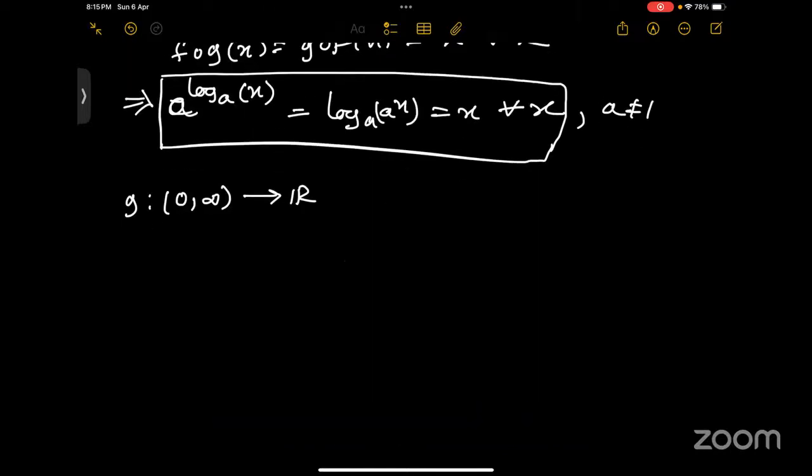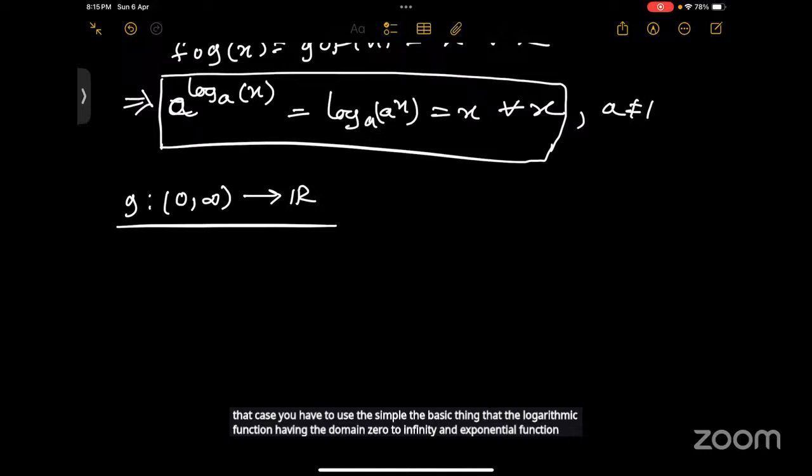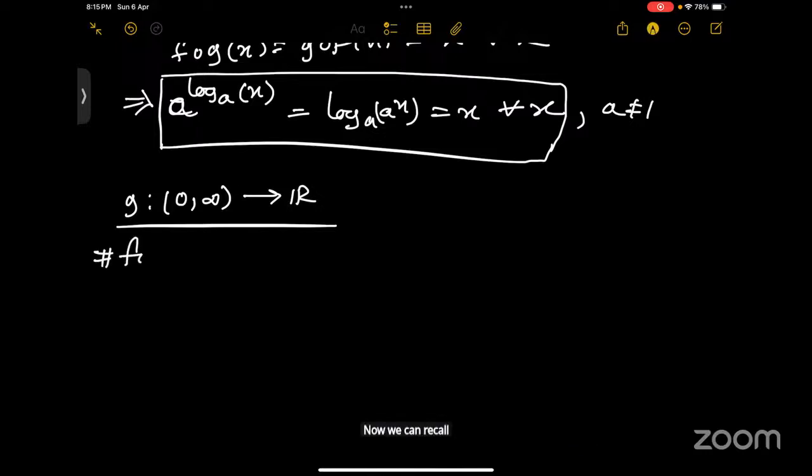So you may get some questions to find the domain of a logarithmic function or exponential function. In that case, you have to use the basic thing, that the logarithmic function has the domain 0 to infinity and the exponential function has the domain R. Okay. Now we can recall some formulas.